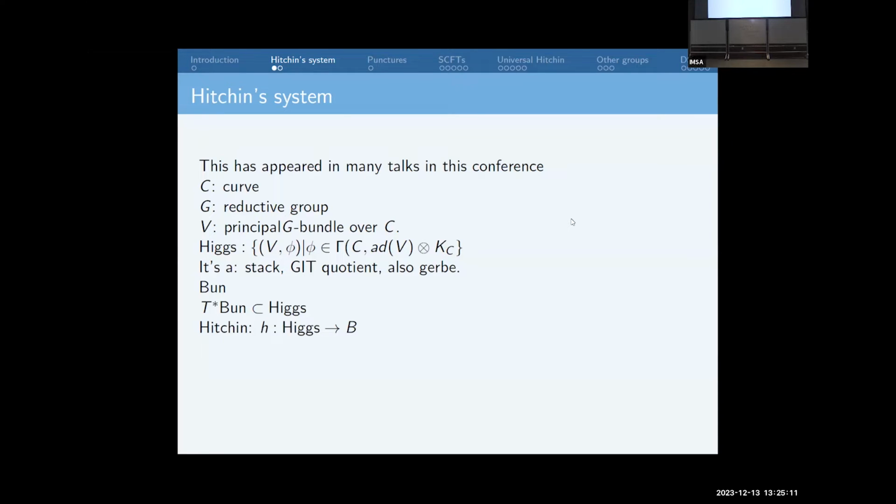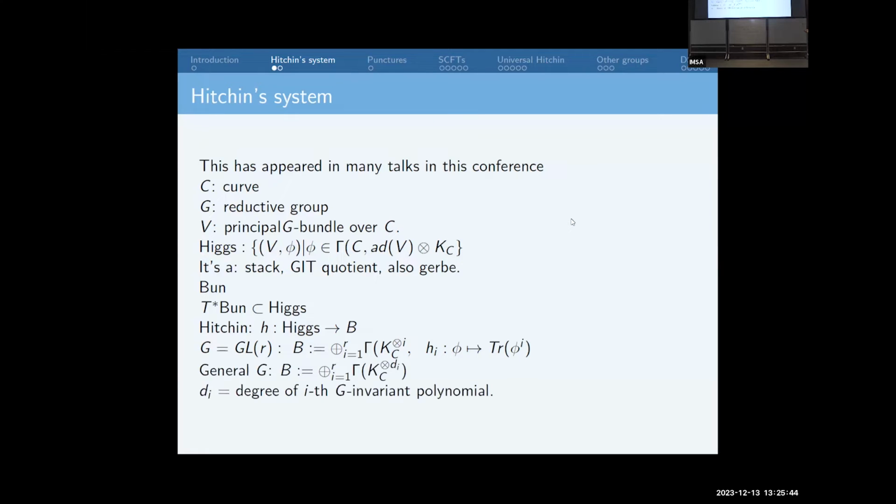So Hitchin constructed this map from the Higgs moduli space to a base B. In the case of G equals GL_r, the base is going to be the sum of the spaces of differentials on that curve, given by the trace of the powers of phi.